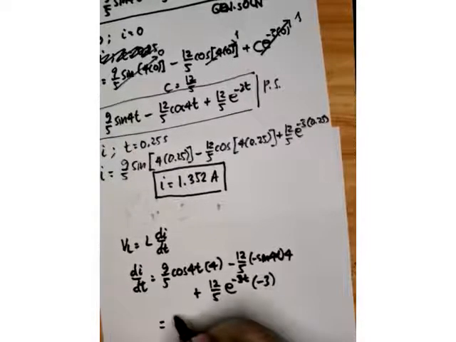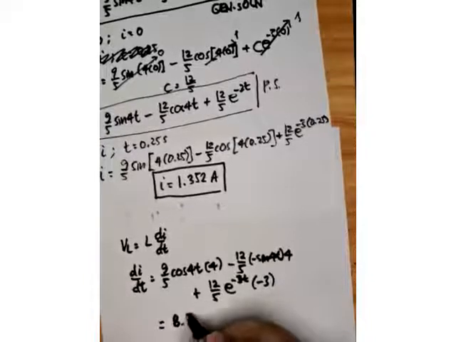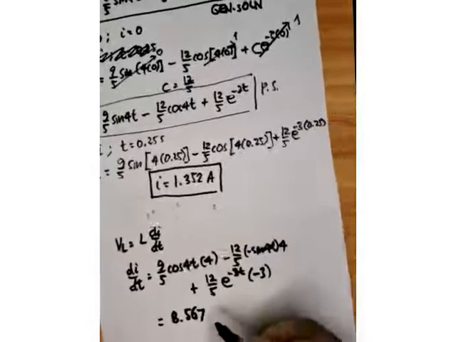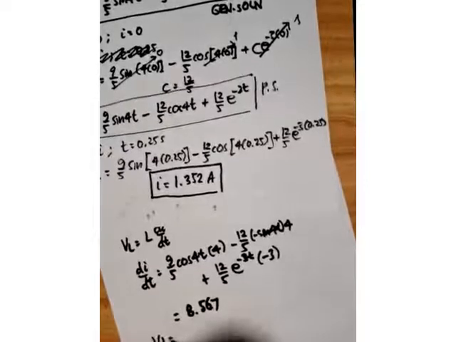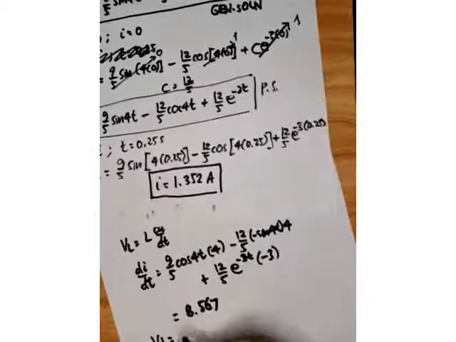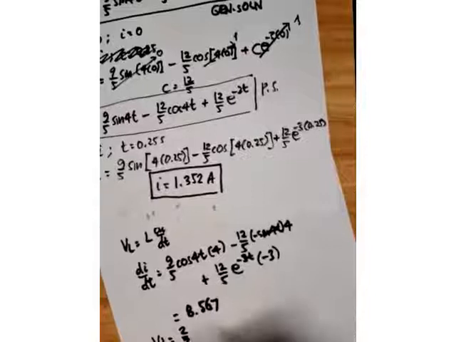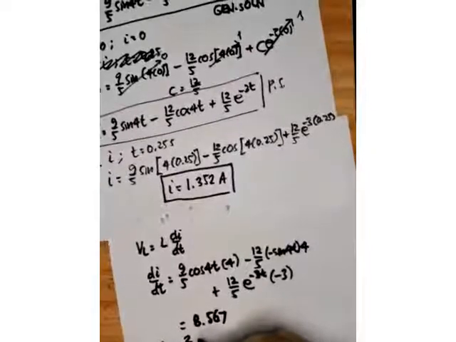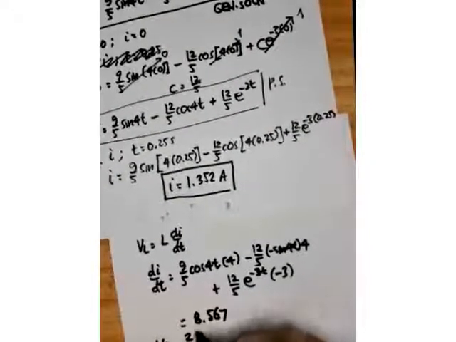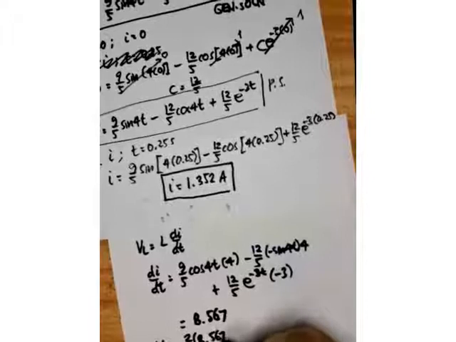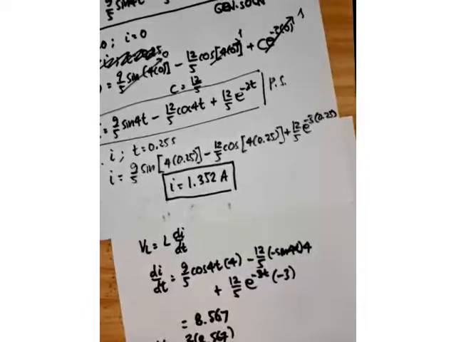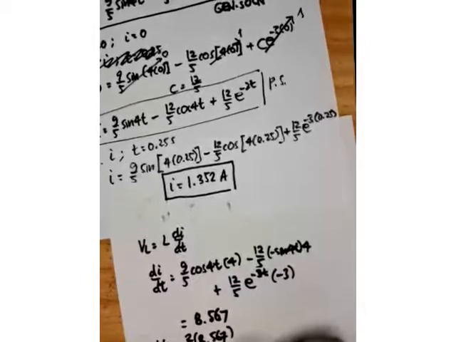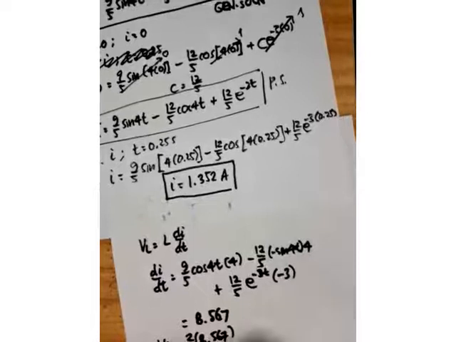So the answer is 8.567. So therefore, VL is equal to, yung L natin ay 2 over 3 times 8.567. So VL is equal to 5.711 volts.